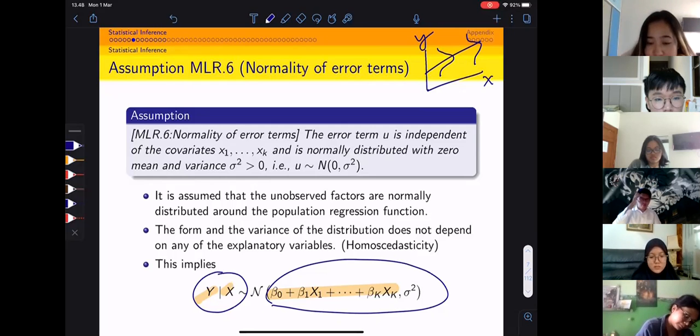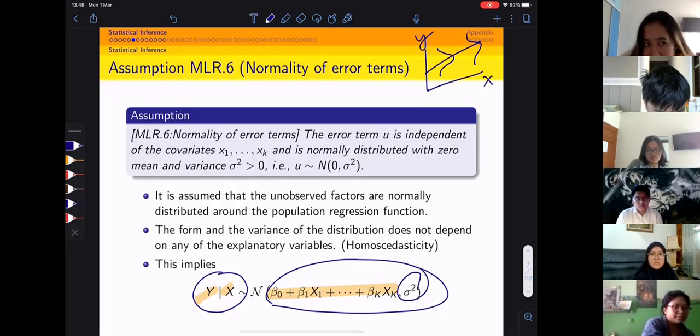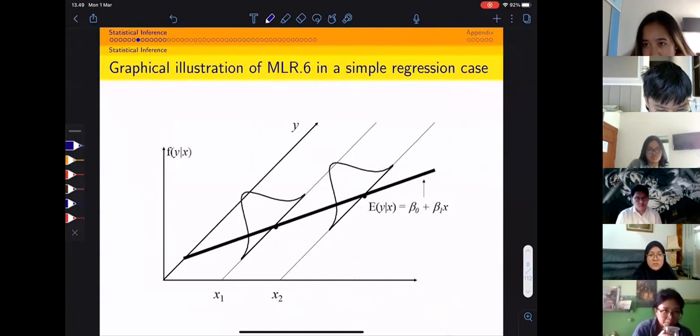And remember, the distribution of the prediction y around the regression line is going to be constant since we have the homoscedasticity assumption. This is the illustration that I gave you just a moment ago.